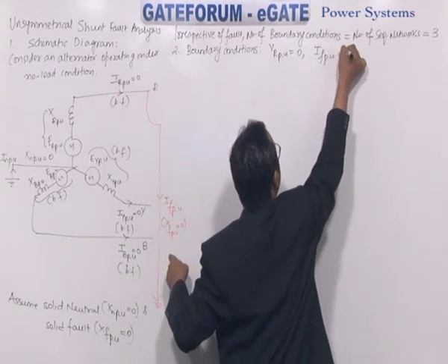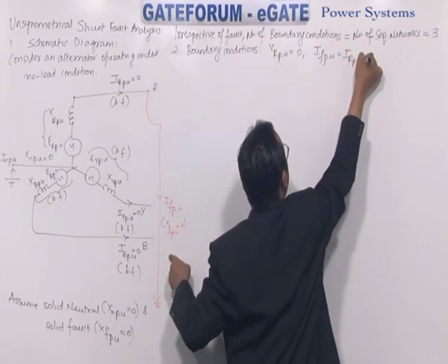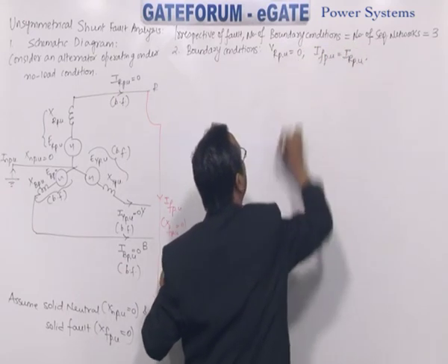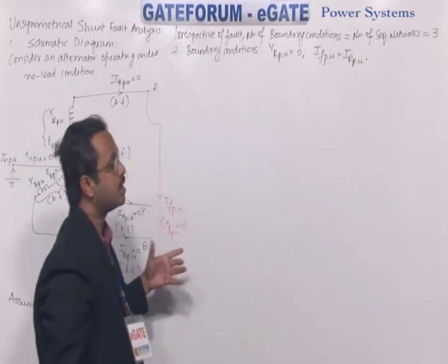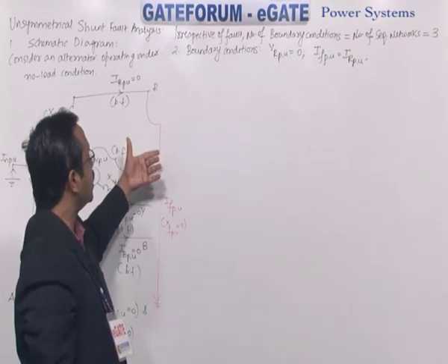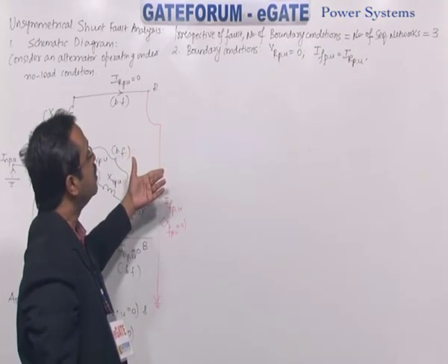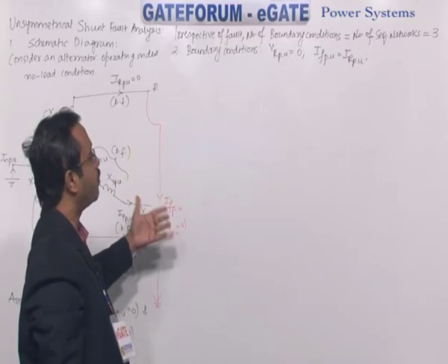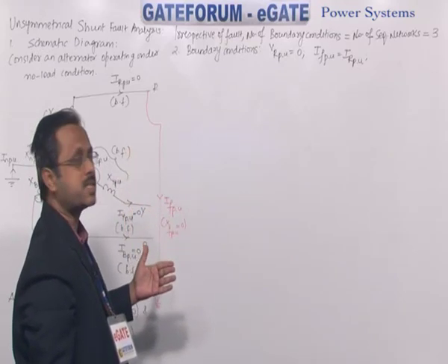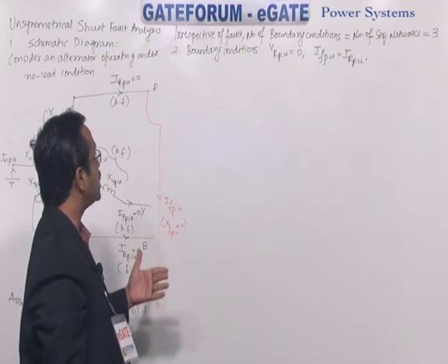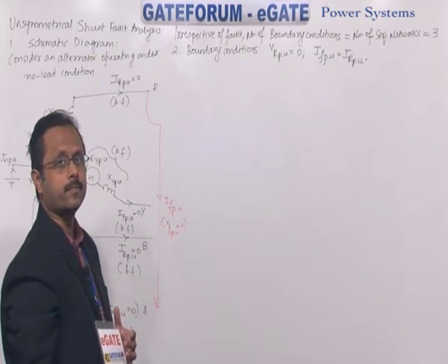IF per unit is the same as IR per unit. So the voltage relation is, fault has occurred with R phase, so VR per unit is 0. The current relation is IF per unit is IR per unit.